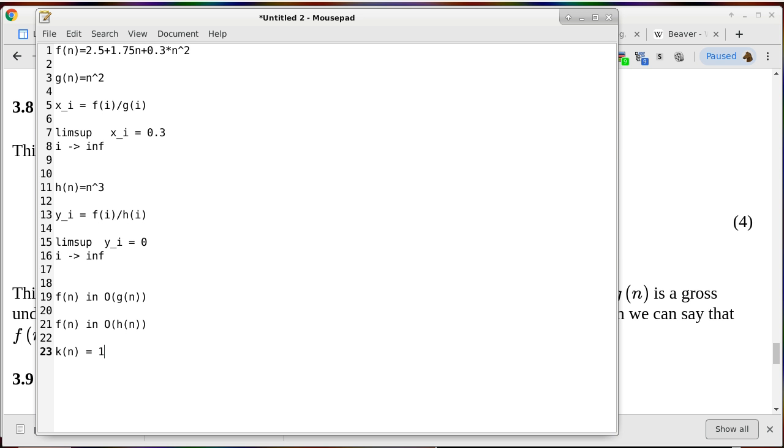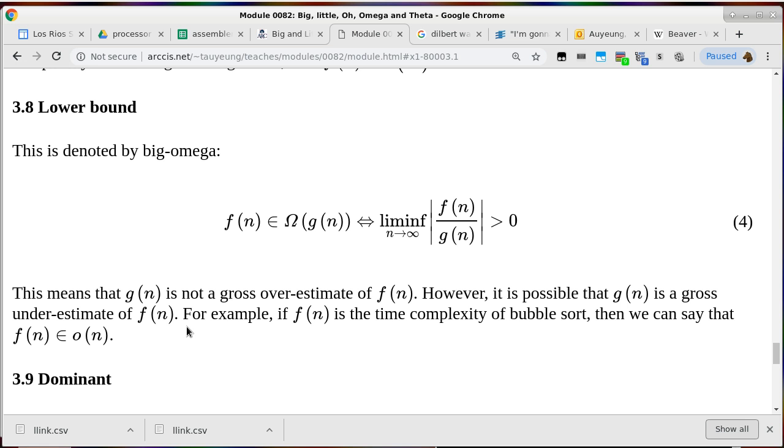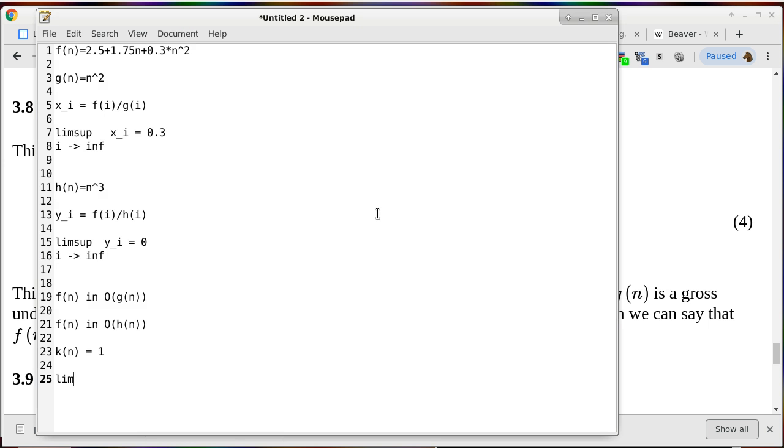Okay, so let me write it down here. The bottom line is this one applies to limit inferior. It's my Fitbit interfering with my computer. Did I talk about this? Yep. So limit inferior as n approaches infinity, and this time we define, we got x y already, so we'll use z.